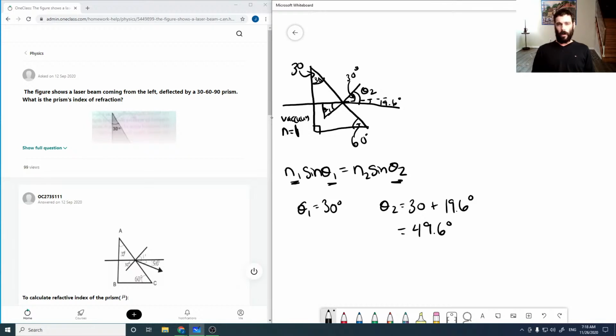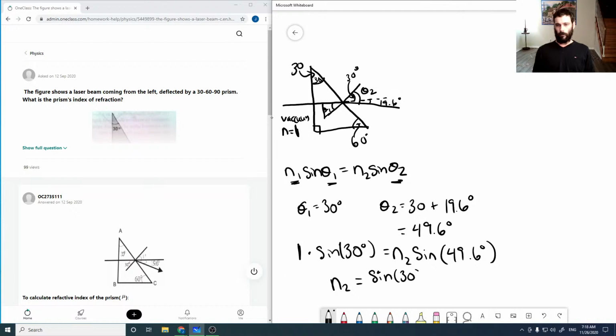And so taking n1 as 1, this means that we have 1 times sine 30 degrees is equal to n2 times the sine of 49.6 degrees, or n2 is equal to sine 30 over sine 49.6 degrees. What did I do there?